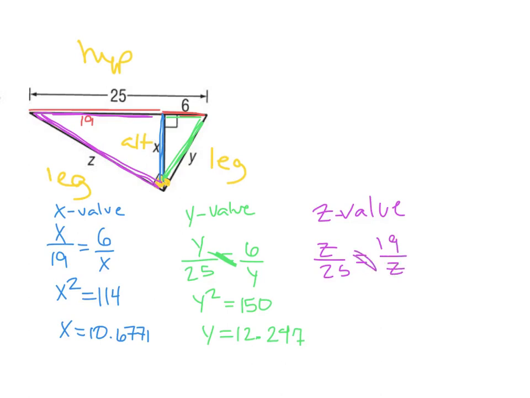Legs are across from each other. We multiply, get z squared equals 25 times 19 is 475. We take the square roots and we get z has a value of 21.795.